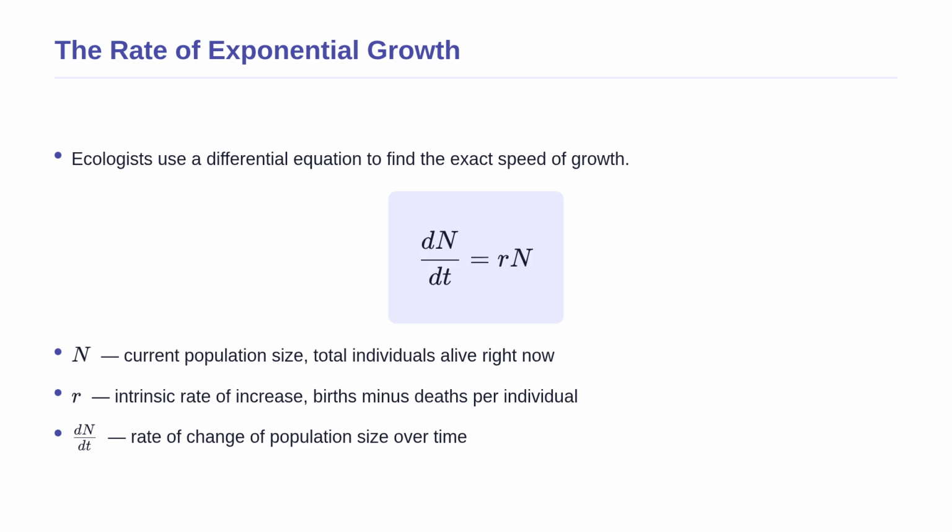This equals r, the intrinsic rate of increase, multiplied by N, the current population size. The intrinsic rate, r, is simply births minus deaths per individual. If r increases, the population grows much faster. And as N gets larger, the number of individuals added per time step becomes absolutely massive.